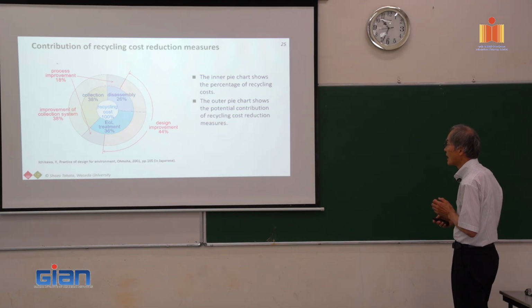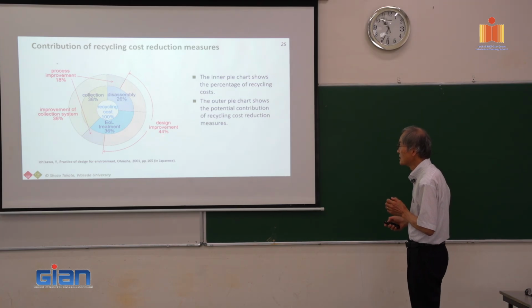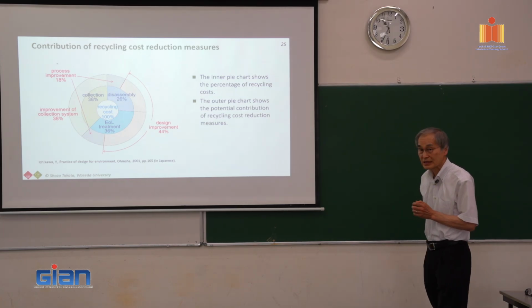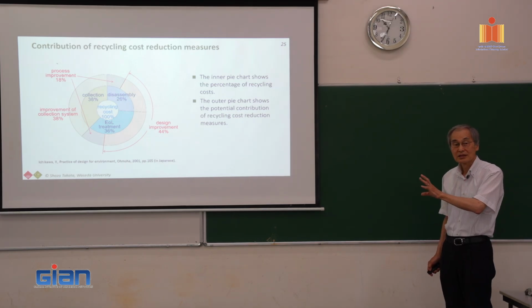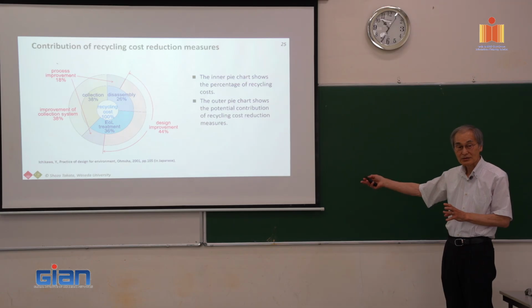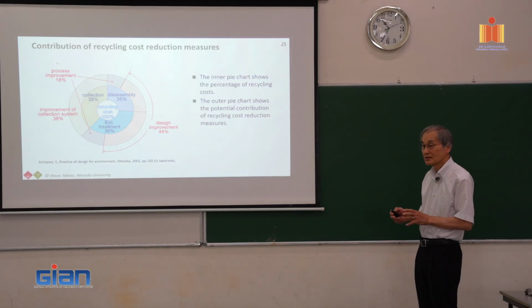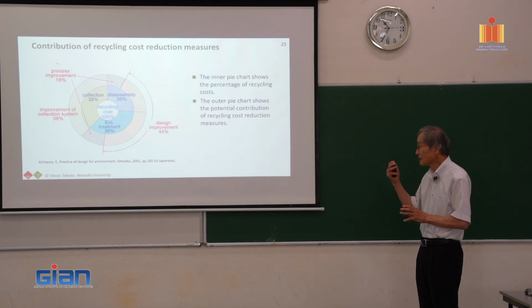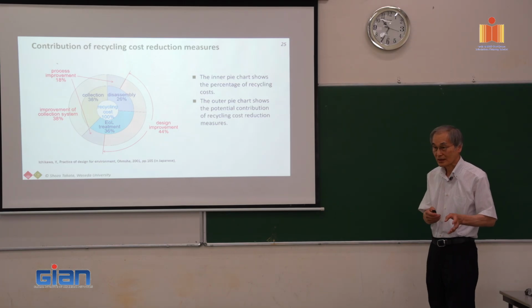And the outer pie chart shows the potential contribution of recycling cost reduction measures. So design improvement has the biggest value. The message is the same as the last slide. So you need to consider the life cycle in the early stage of the product development.